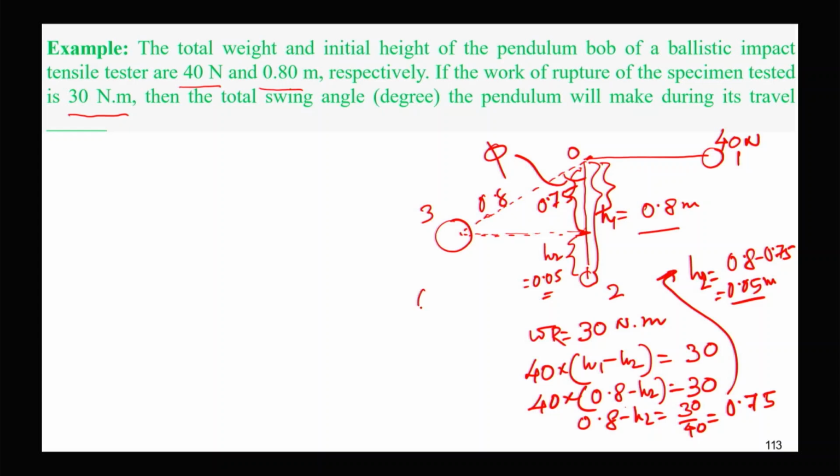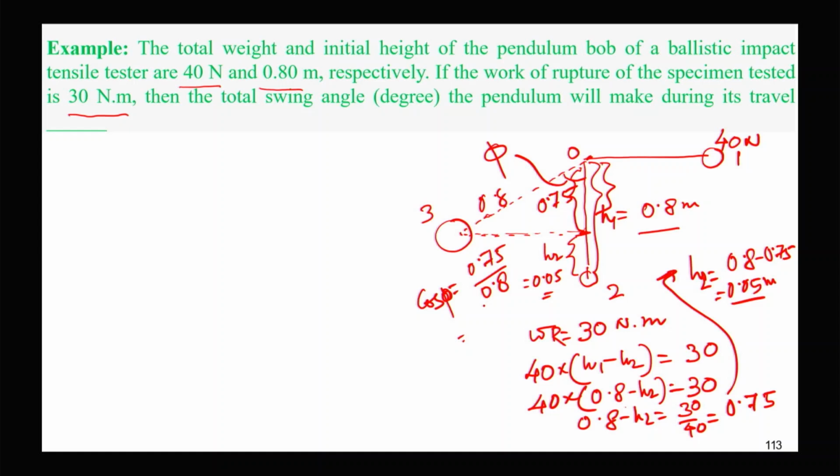So we can calculate cos phi will be 0.75 by 0.8.